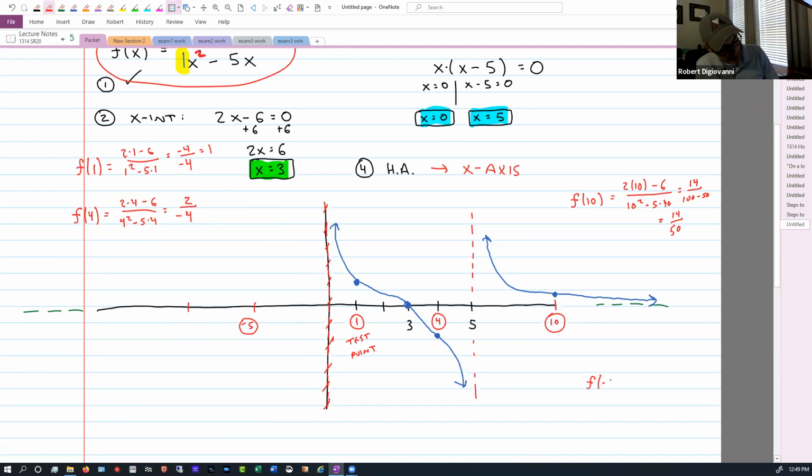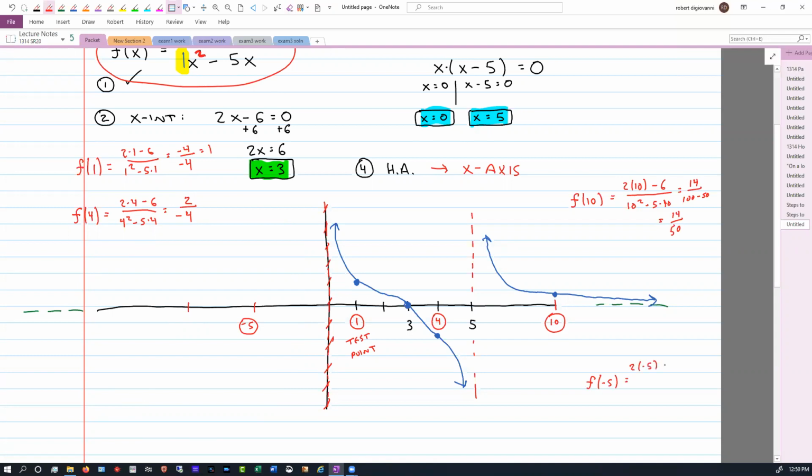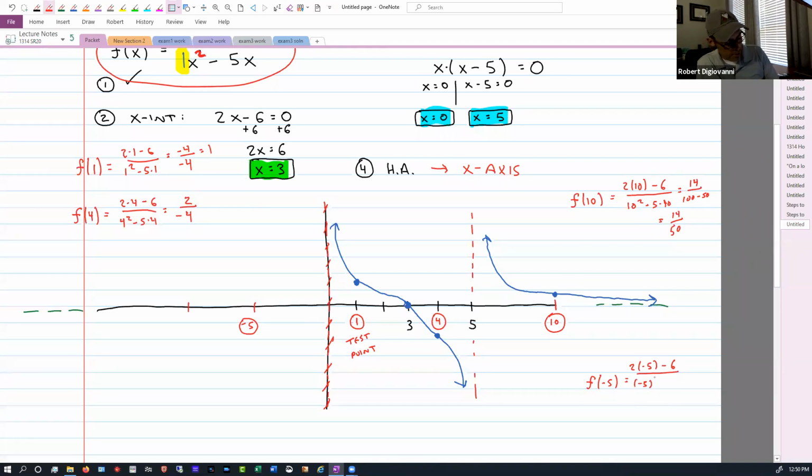F of -5 is 2 times -5 minus 6 over -5 squared. You have to be careful there because you're squaring it. Minus 5 times -5. That's a little weird. You're going to get -16 on top.